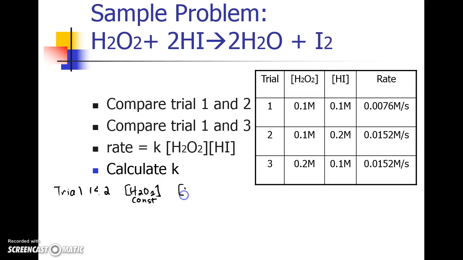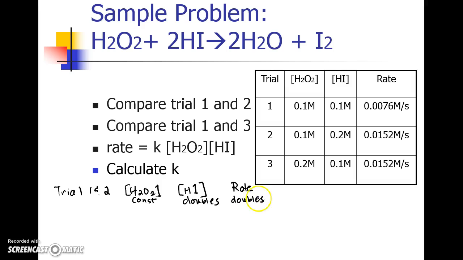The HI, in this case, doubles because it goes from 0.1 to 0.2. The rate, if we look at it, the rate doubles. It goes from 0.0076 to 0.152. It doubles.